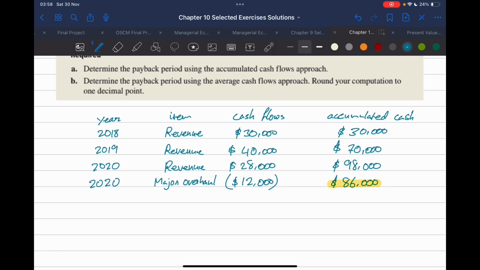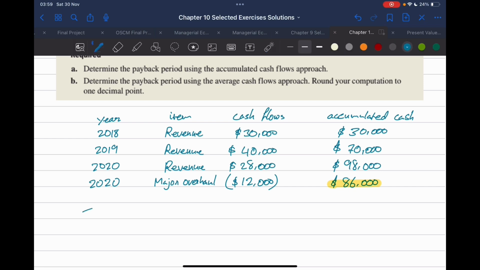So from here, we can see that the payback period is going to be 1, 2, 3 years. So after the first, second, and then third year of 2020, the company would have paid back their initial investment, right?